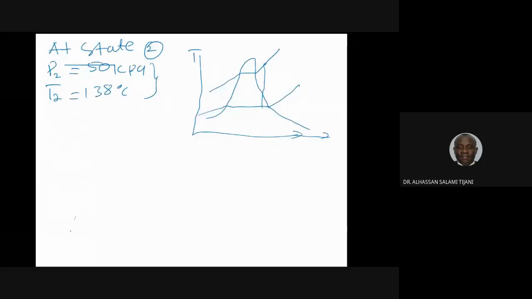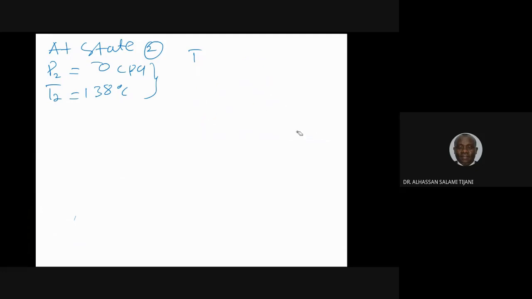So let me draw it clearly. So we have the T-V diagram.